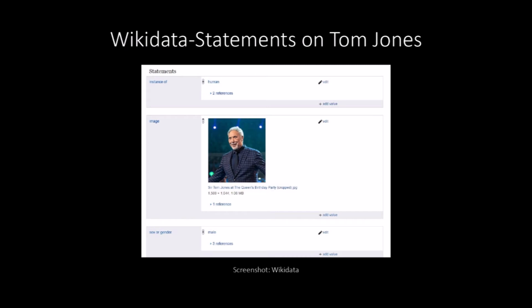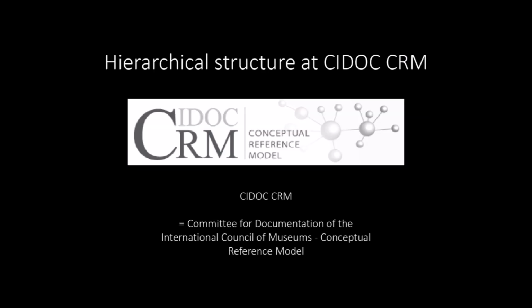The Wikidata approach is very flat here, which has the advantage of easy usability, but the disadvantage is the threatening indifference or arbitrariness that is not precise anymore. In the field of art studies, the CIDOC CRM, the International Committee on Documentation Conceptual Reference Model, offers a more elaborated system.